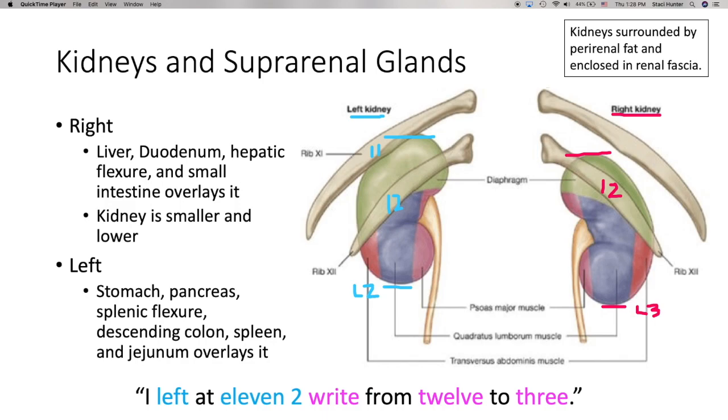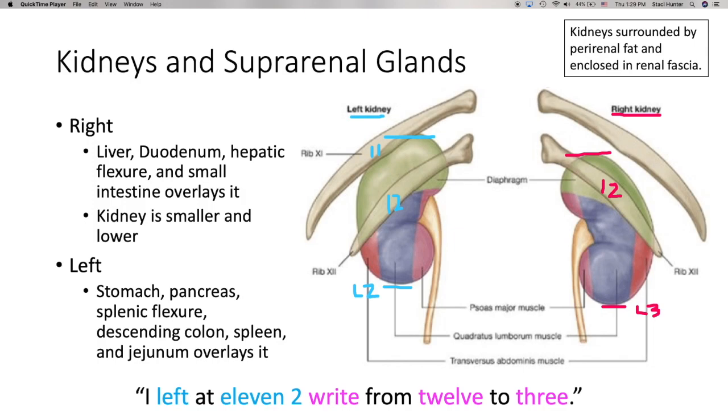So from the embryological development, you can look at it and sort of see the fact that, okay, when it's traveling upwards, and we're going to talk about embryo in a little bit, but when it's traveling upwards into its proper place, it's actually sort of being hindered by that liver. And so as it's moving up, it's actually going to be a little bit smaller and farther down.